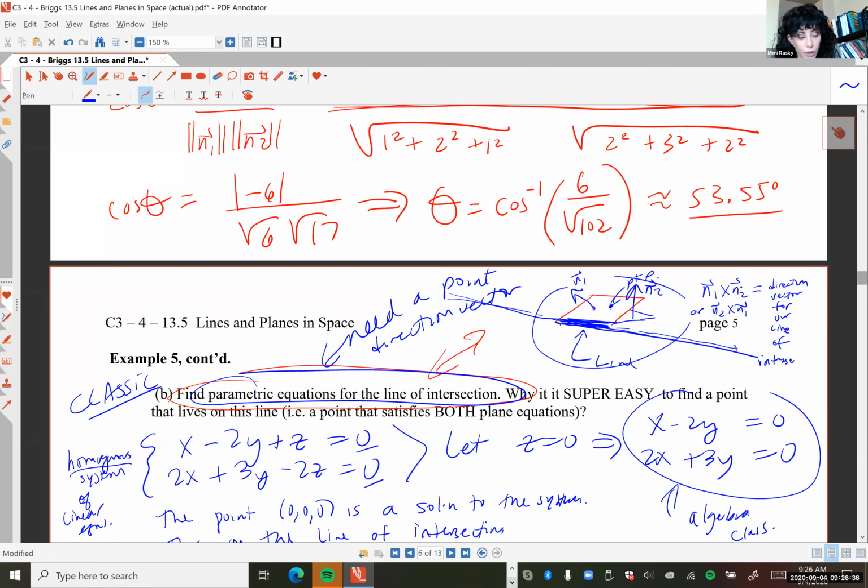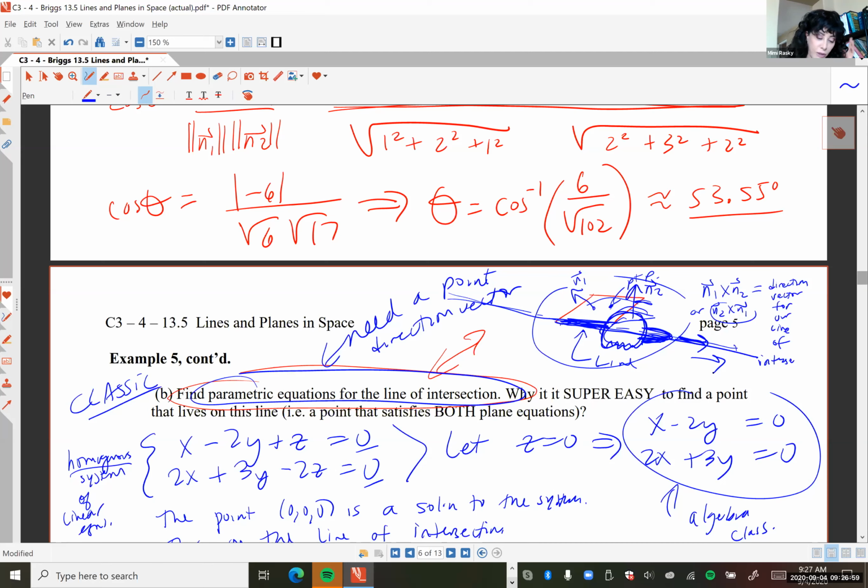I don't care what order, because all we need is a vector that's parallel to our line. So using the right-hand rule where my fingers curve through N2 and then N1, my thumb's going to end up pointing after I close down my fist here. My thumb will be pointing, this is for N2 cross N1, in this direction that's coming out of the paper.